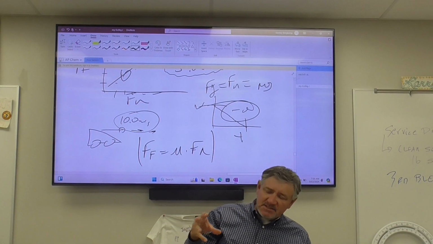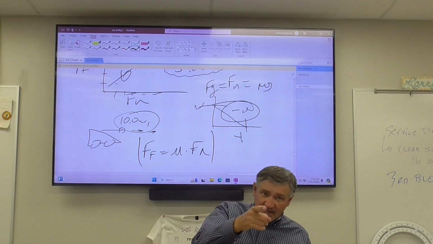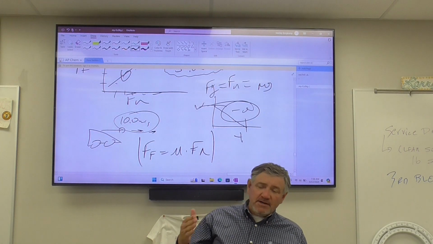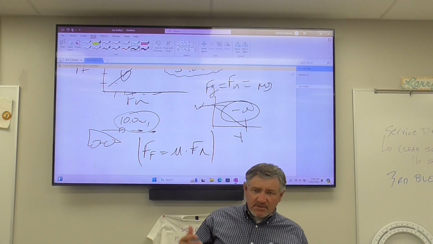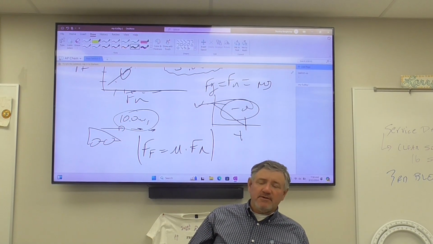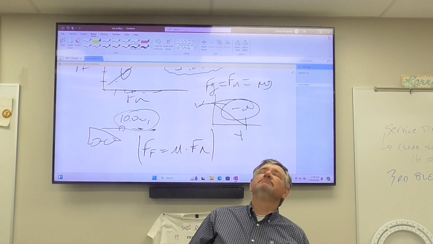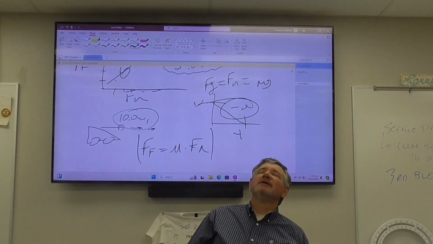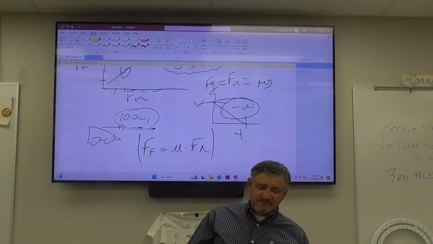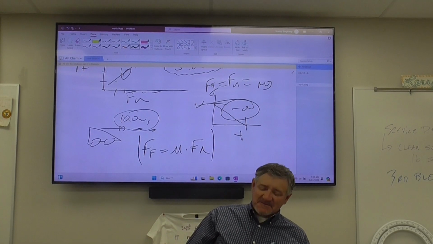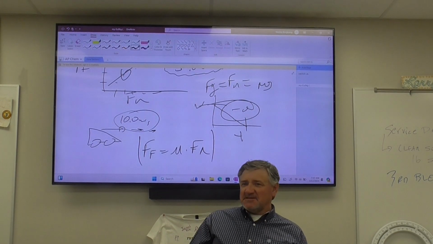Now, here's what you want to ask yourself. In the context of this problem, allowing for what Danny said, when you write down the value of that force friction, is that going to be a positive or negative value? Colin, think this through. It would be negative. The car is moving with a positive velocity.